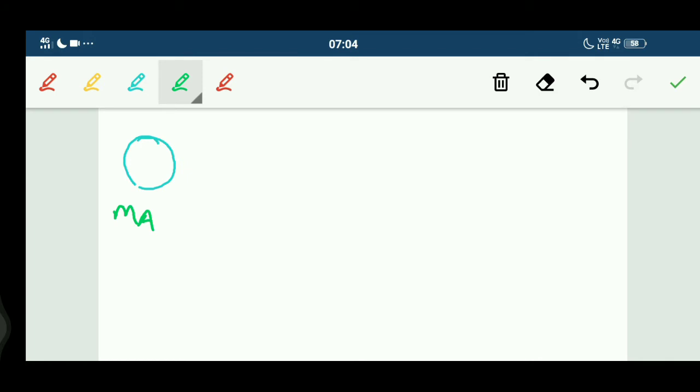And MB, let this be MB. Fine. So these are the two objects having mass MA and MB.